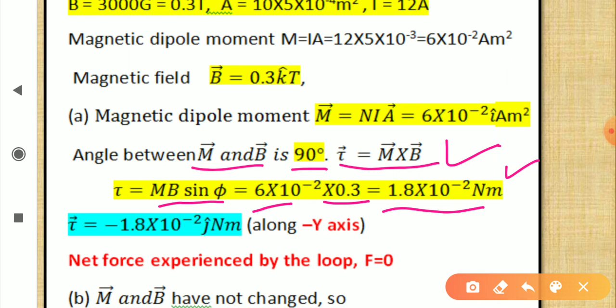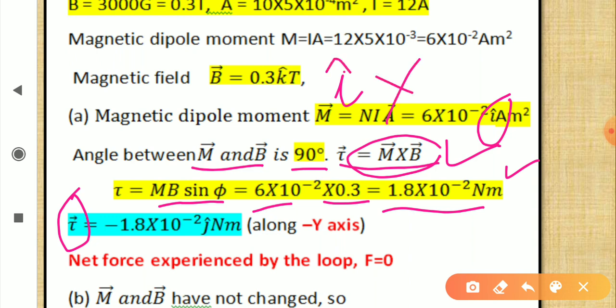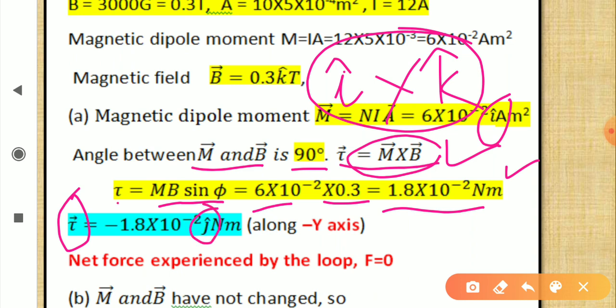Now I have to find out its direction also. So torque is equal to, when you're doing this, the unit vector of M is i cap cross the unit vector of B, which is k cap. If you recall class 11th, i cap cross k cap is minus j cap.